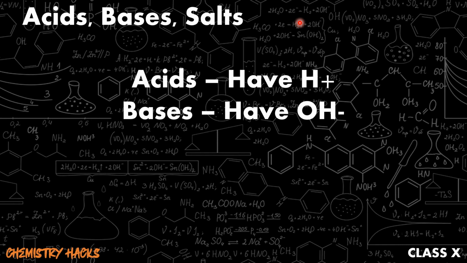So the formula for sulfuric acid is H2SO4. The formula for nitric acid is HNO3. And for bases, it's always hydroxide. So sodium hydroxide, NaOH, potassium hydroxide, KOH, calcium hydroxide, CaOH. So acids have hydrogen and bases have hydroxide.